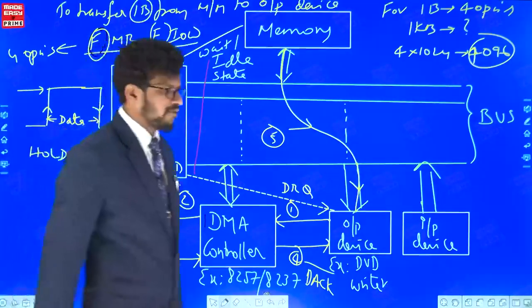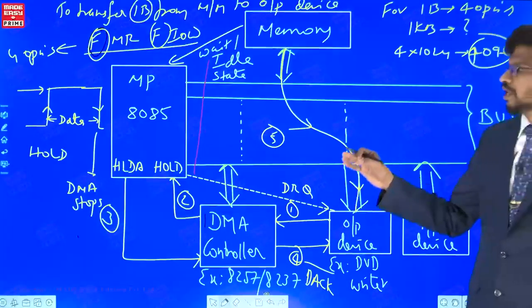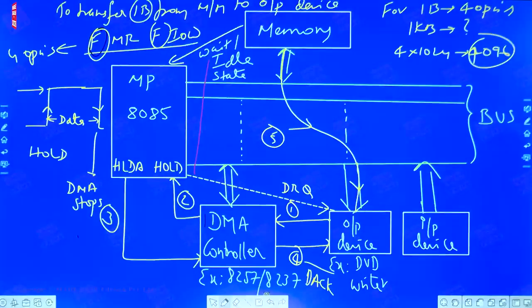Now you can write few points. What is the purpose of DMA? What is hold? What is the sequence which is involved here? You can write down few points. Purpose of DMA.